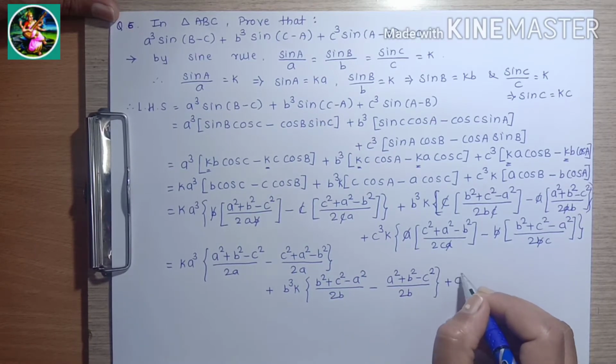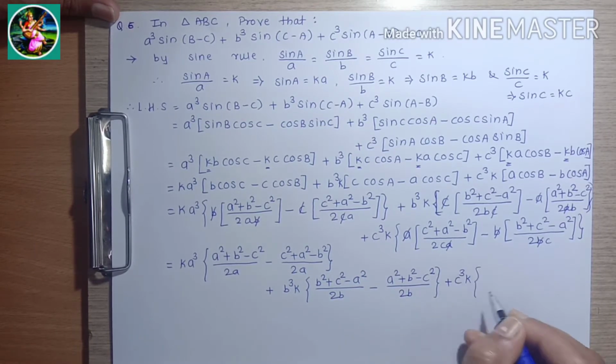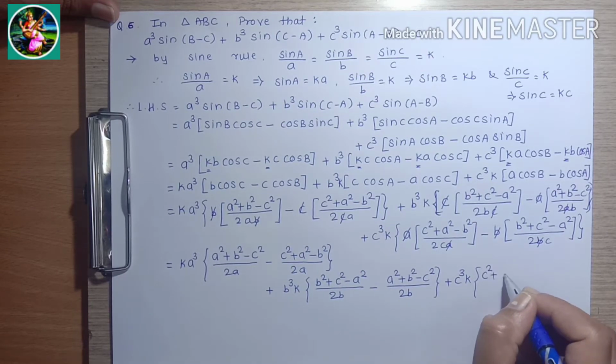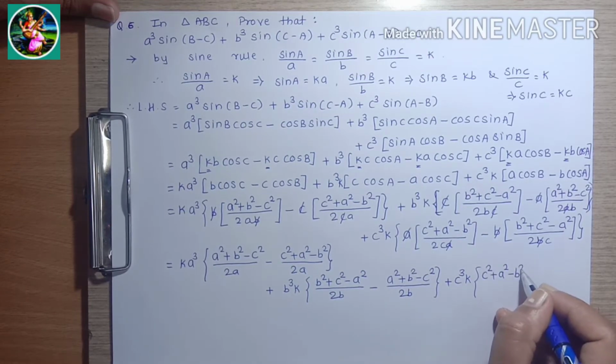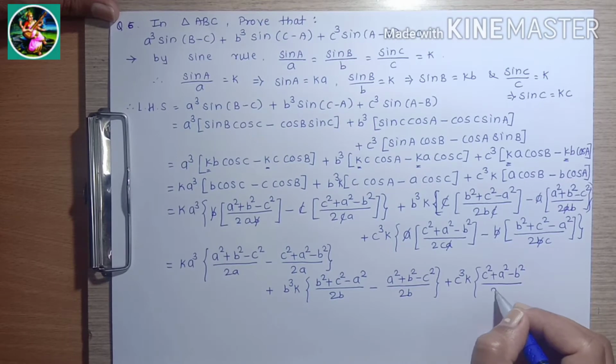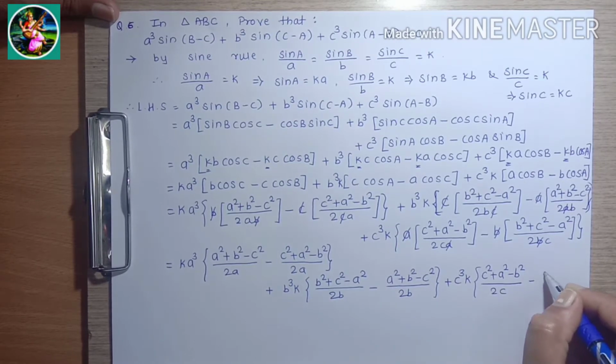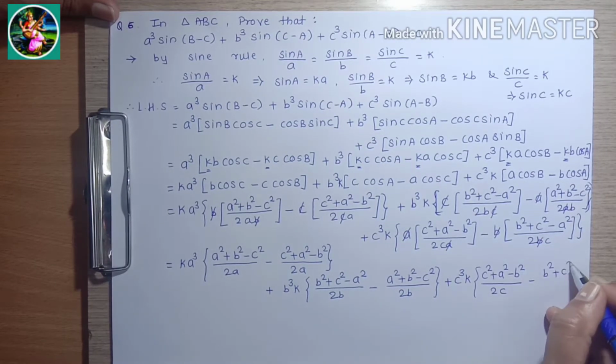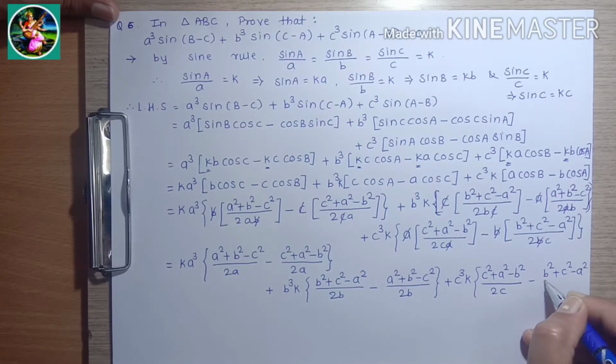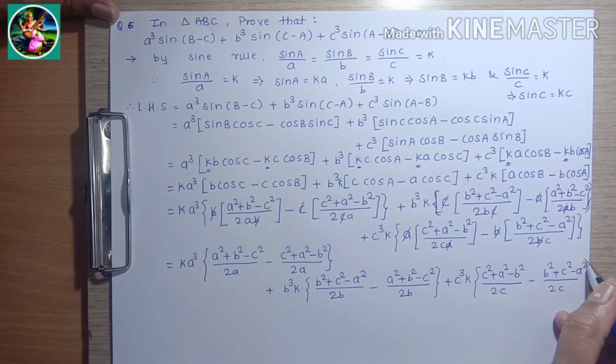And the last term is c cube k into bracket c square plus a square minus b square divided by 2c, minus b square plus c square minus a square divided by 2c.